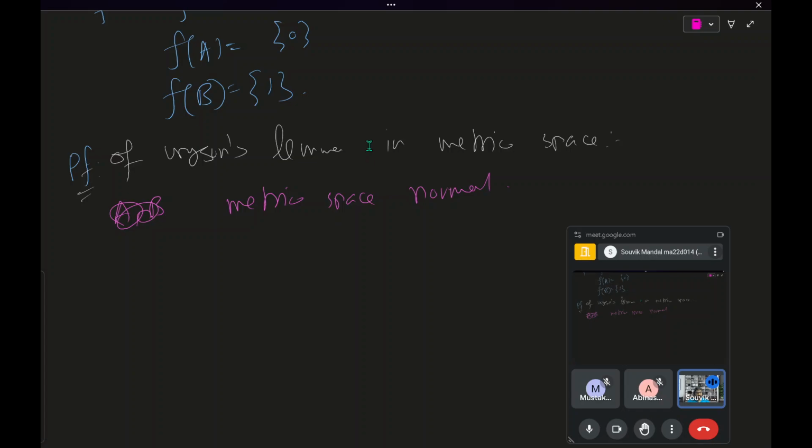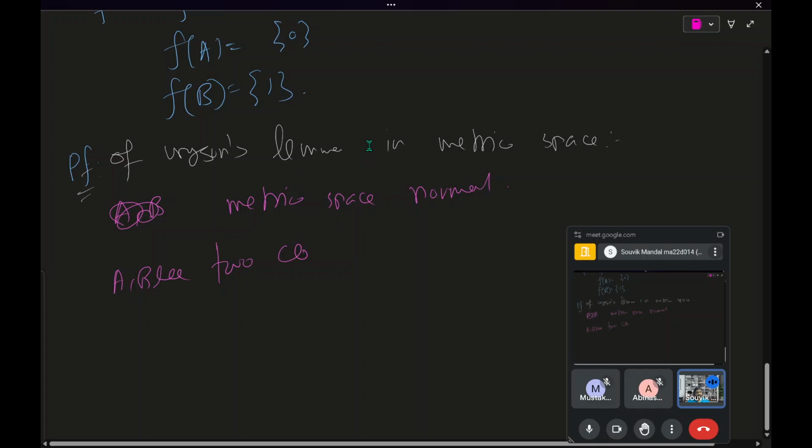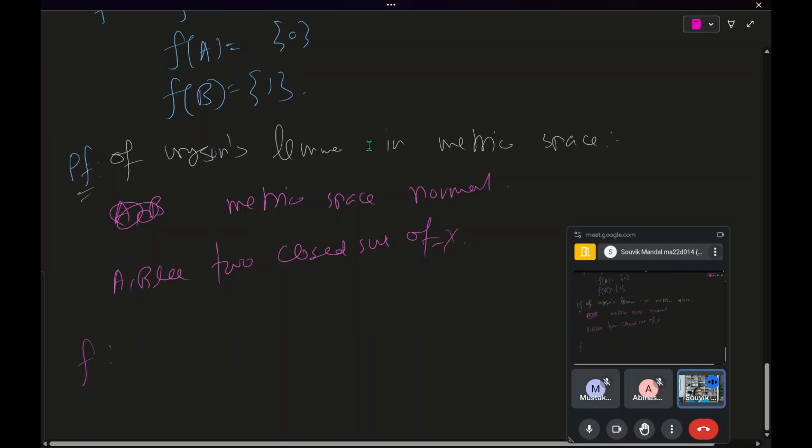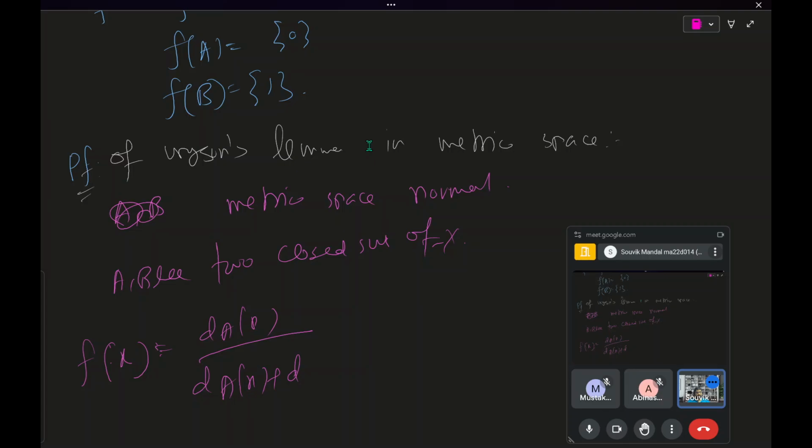So let A, B be two closed subspaces of X, and define f of x to be d(A,x) divided by d(A,x) plus d(B,x). Okay.